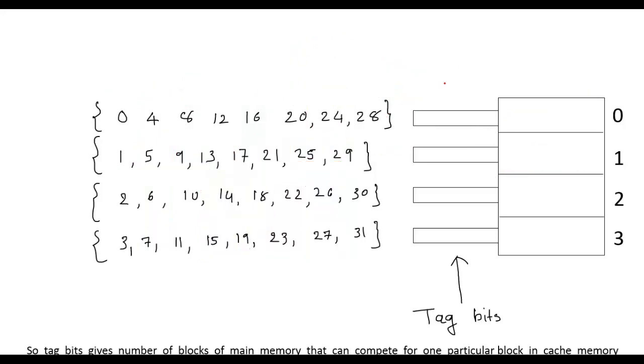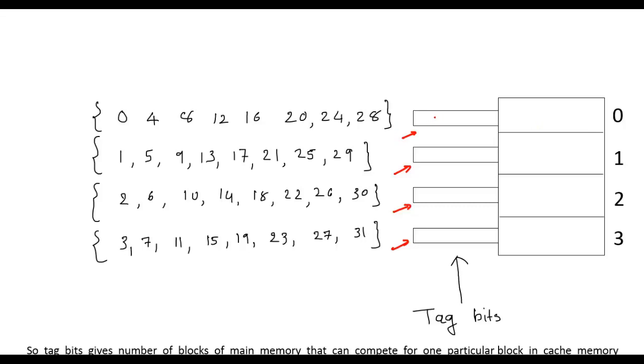Well, now you might be wondering what these blocks are. Assume that they are registers that store the 3 tag bits for each cache memory block. So let's see this.